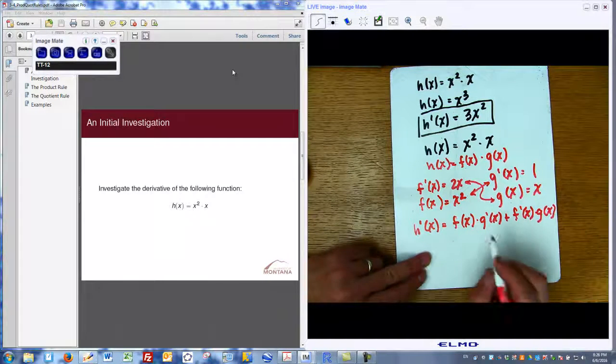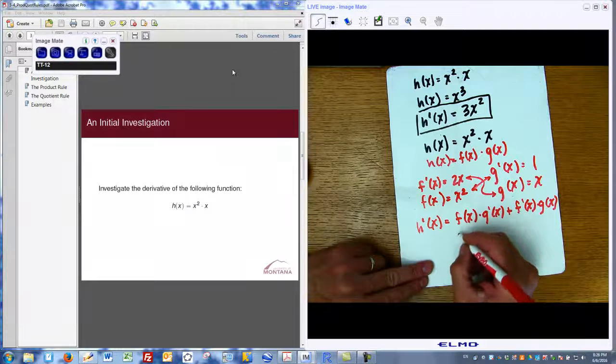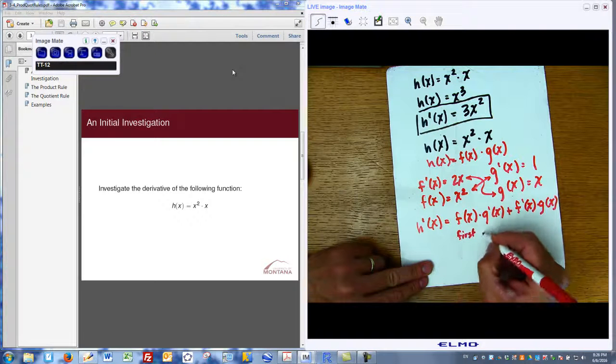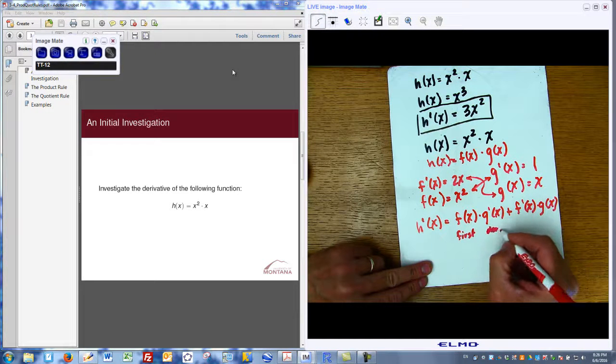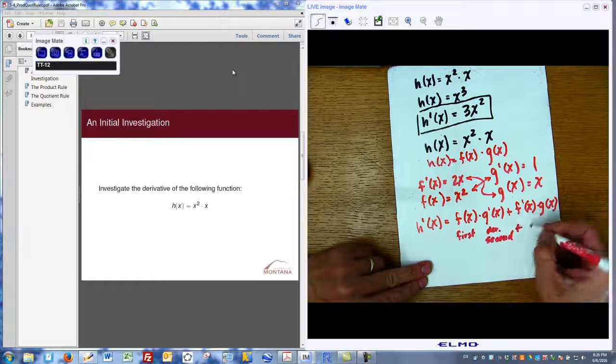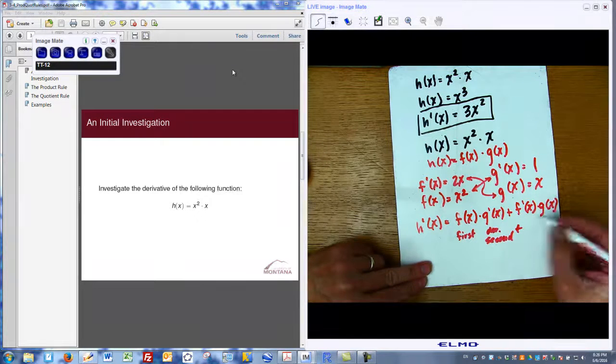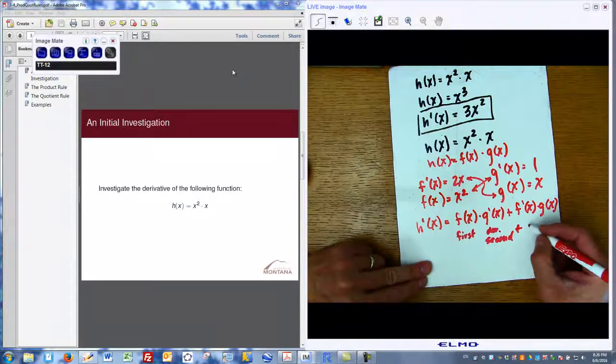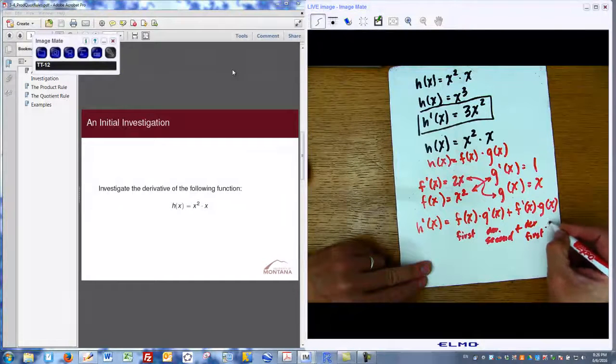Sometimes we hear this said as: the first times the derivative of the second plus the second times the derivative of the first.